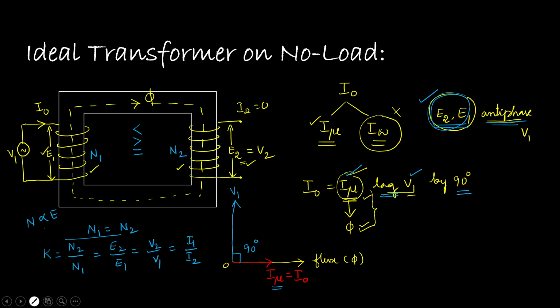And according to the third point, if you observe here, E1 and E2 should be in anti-phase with V1, and E1 and E2 should be in phase with each other. So let us represent those two vectors also in our phasor diagram, with some other different color.